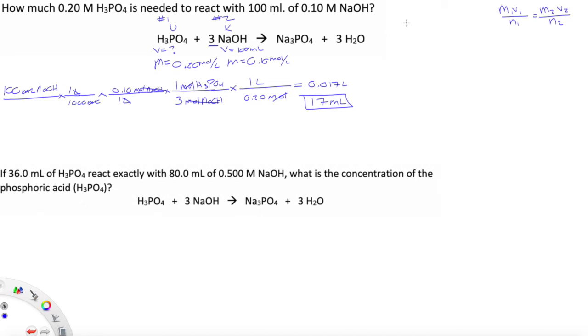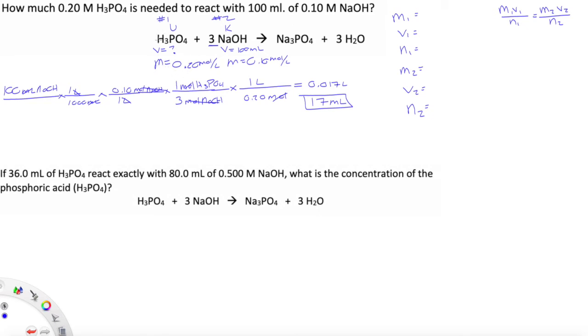And now I'm just going to go ahead and list out my variables. So I have M1, V1, N1, and then M2, V2, N2. And now I'm going to go ahead and read through my problem. So for compound 1, I already have all the information listed from when I did stoichiometry here.